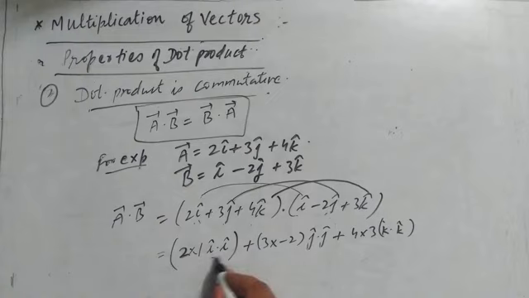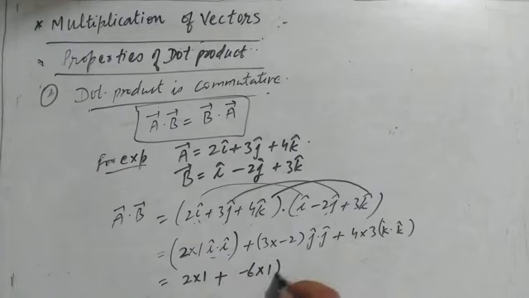Now we know i dot i is 1, so this becomes 2 into 1 plus 3 into minus 2, that is minus 6, into j dot j is 1, plus 12 into 1.